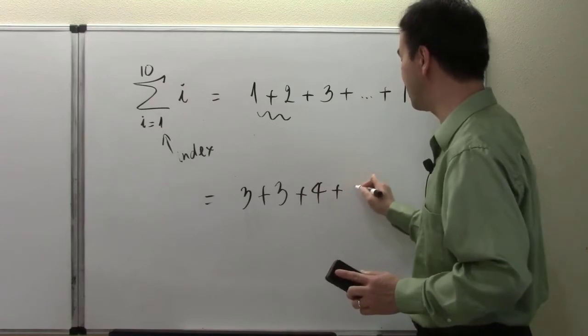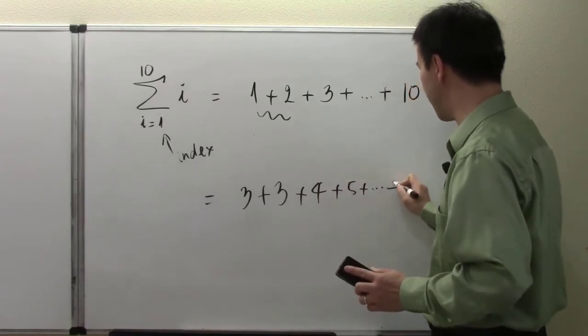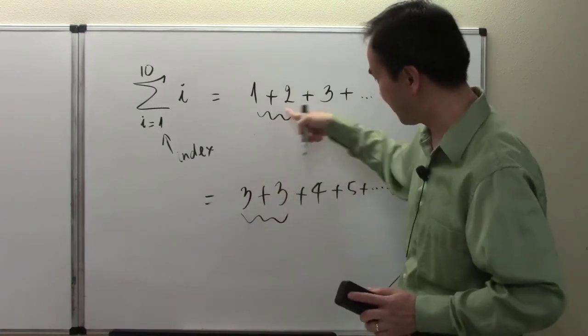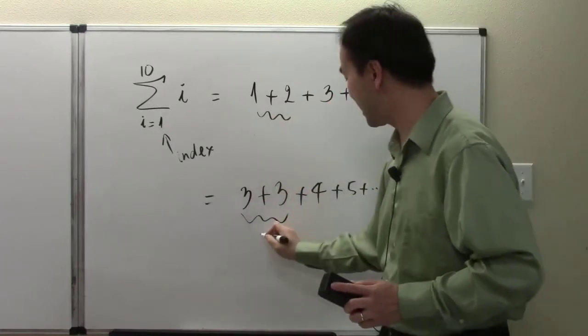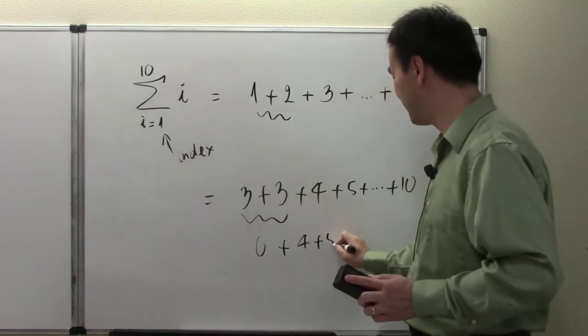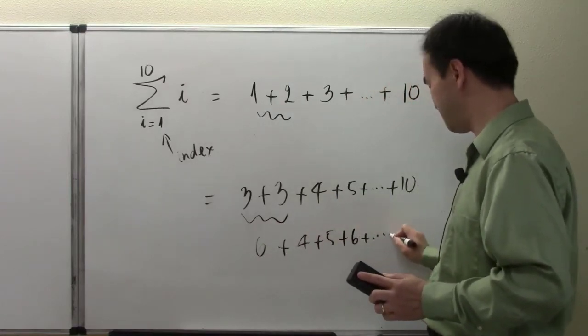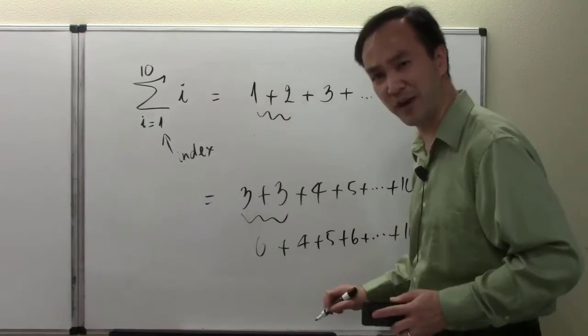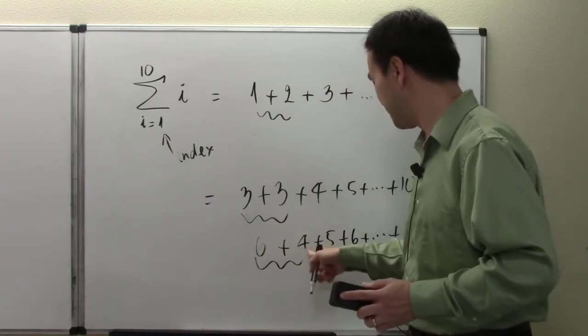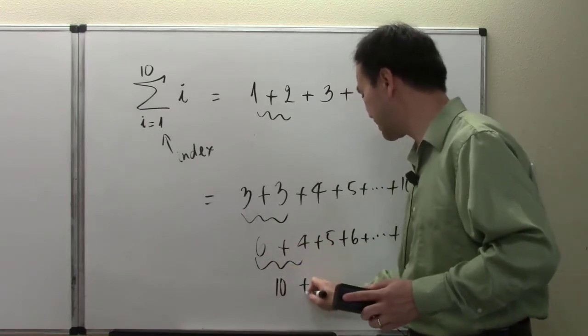If we have to do that step by step by adding up all the terms, the first 3 came out from 1 plus 2, and then we add 3, that's 6, but now adding with all that 4, 5, 6, up to 10, see? And I didn't even get to the final answer yet, but the work is starting to get long. So 6 plus 4 right here is 10, and we're going to continue adding.